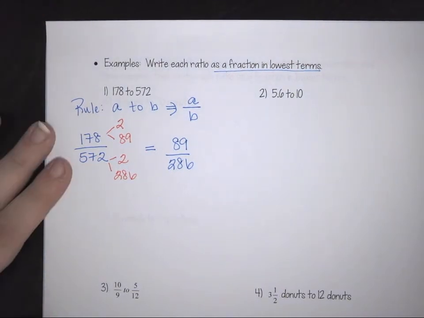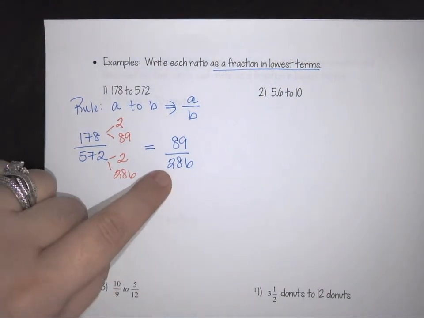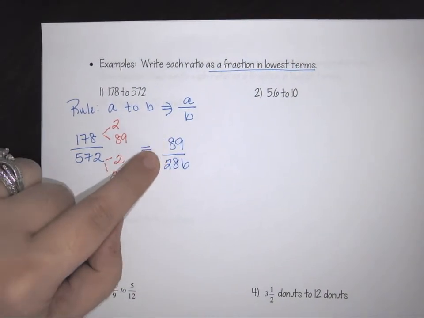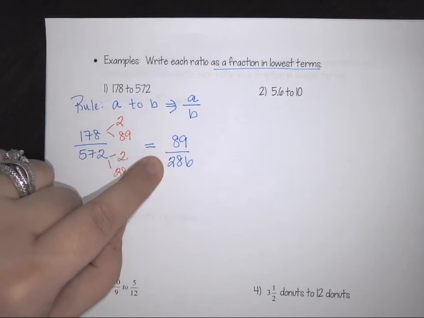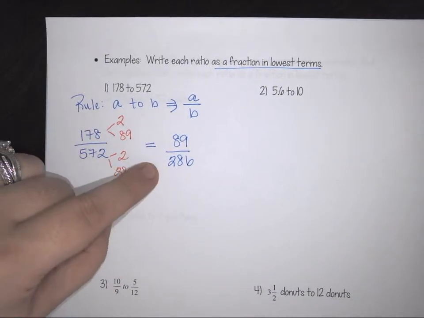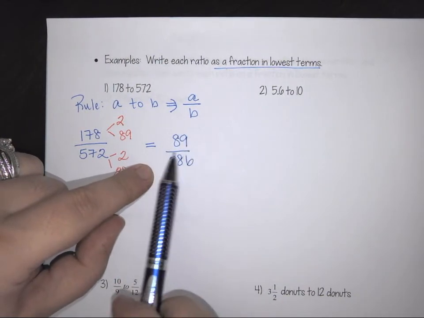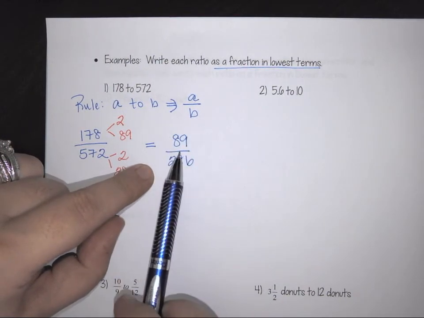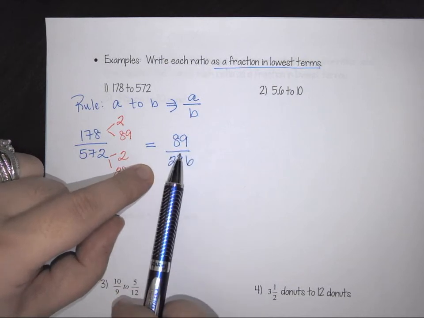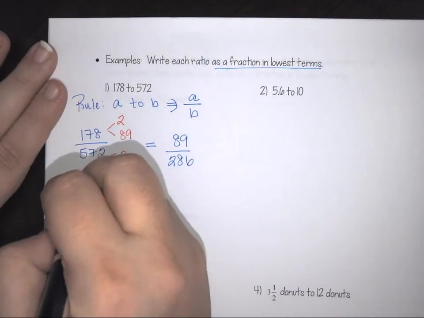Now, being that I've done this for a long time, I can recognize that there is nothing in common between 89 and 286. However, if you're ever not sure, then you can just simply look at what multiples of 89 there may be, or is it prime. Here's your biggest hint.